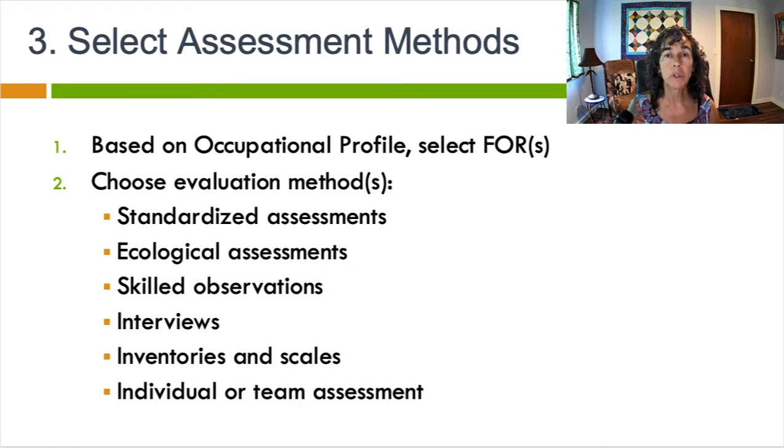It could be of particular skills or it could be in a more general way like a play observation. Interviews, inventories and scales, so those would be questionnaires that would help us identify issues. And then the decision of a team or an individual assessment, as I said a little earlier.